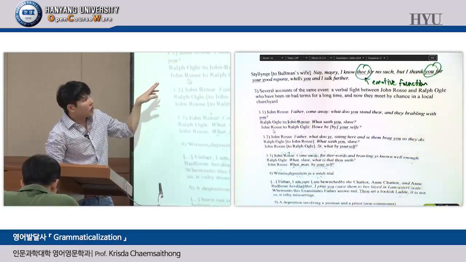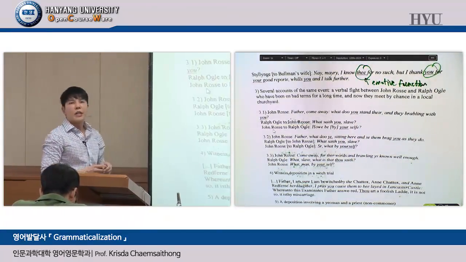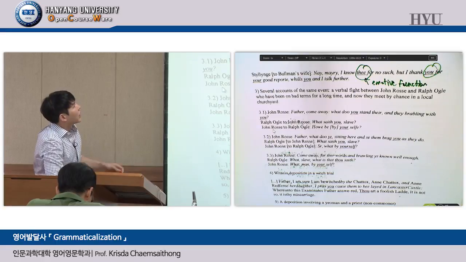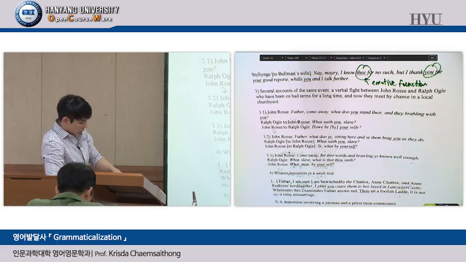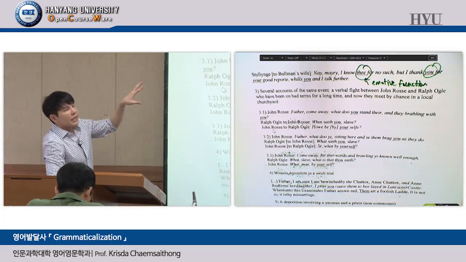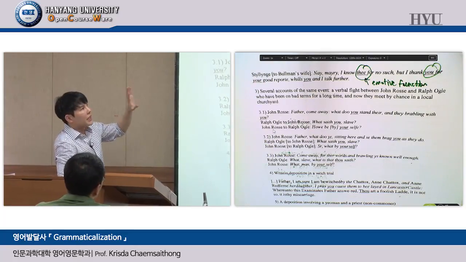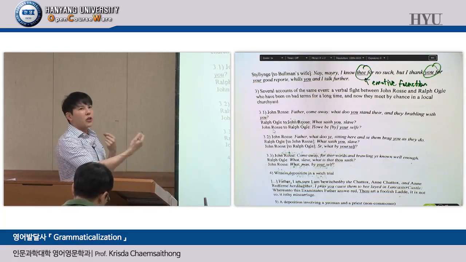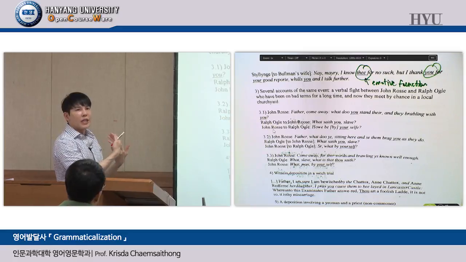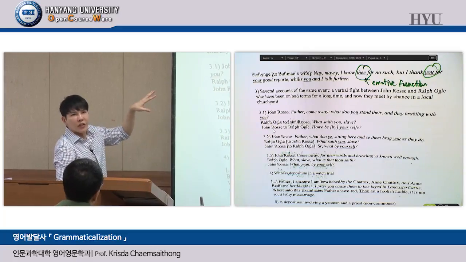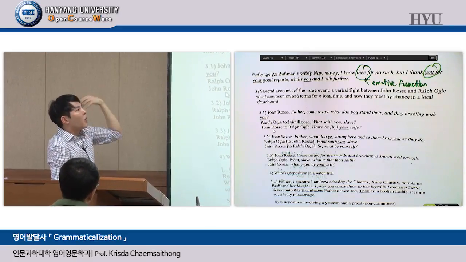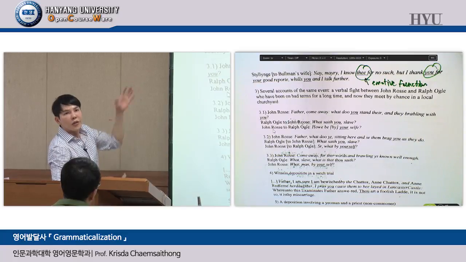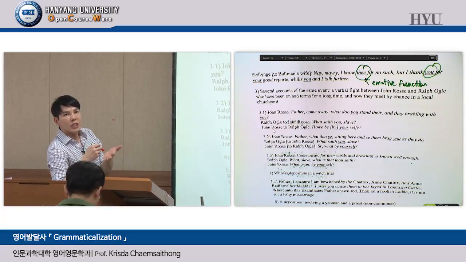But in the last two, "I thank you for your good report" and "while you and I talk further," in this case, we can say that the context is different because it has nothing to do with mutual accusation or anything emotive anymore, but it's the end of the conversation, right? And where you go back to reporting the deposition.